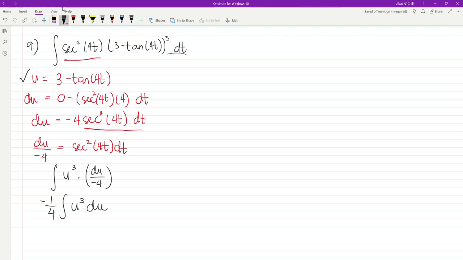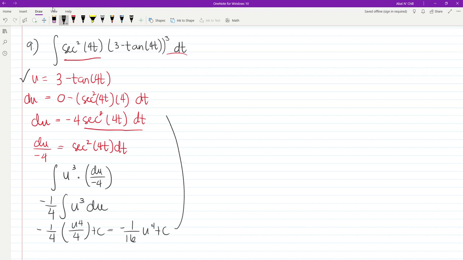So this is the power rule. So we have negative 1/4 times u raised to 4 all over 4 plus c. Or negative 1 all over 16, because 4 multiplied by 4 is 16, and it's negative because of this negative. So negative 1 all over 16 of u raised to 4 plus c.